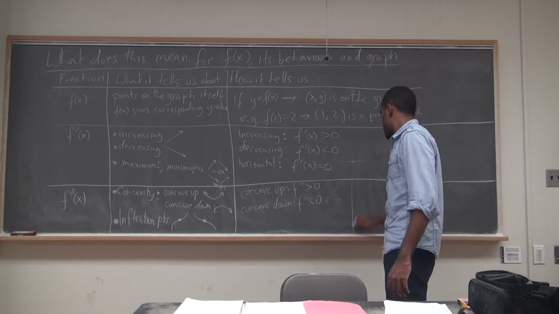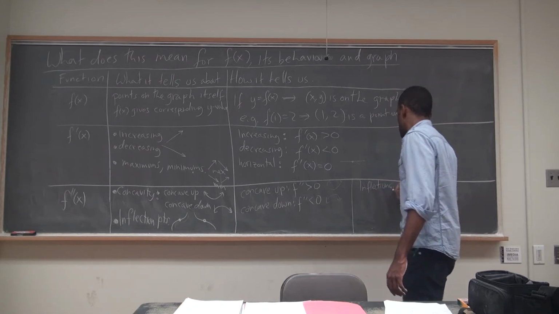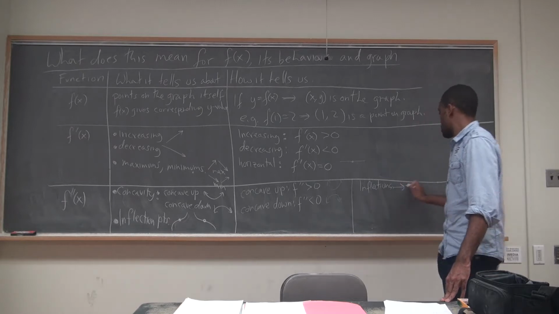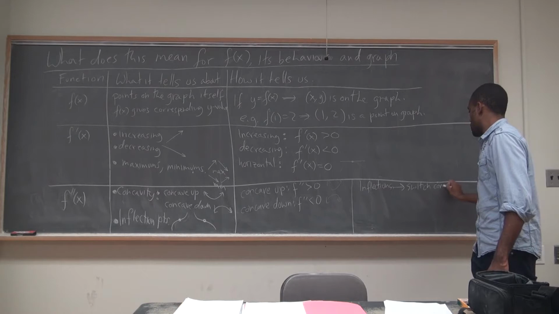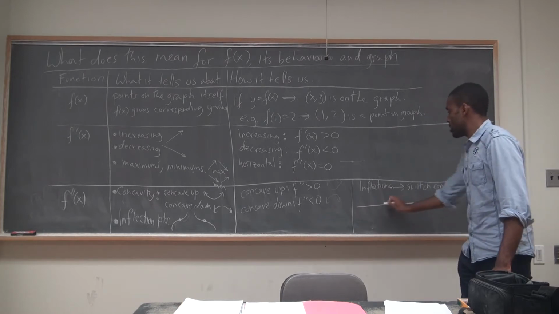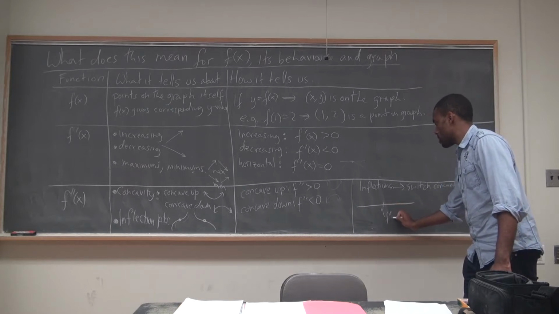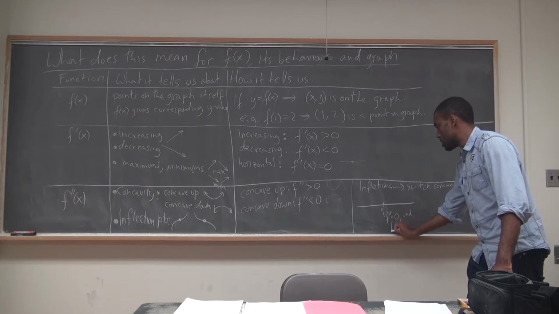Inflection points: this means you switch concavity. Right? So you have a point here where your f double prime is 0 or undefined, but definitely the function is continuous here.